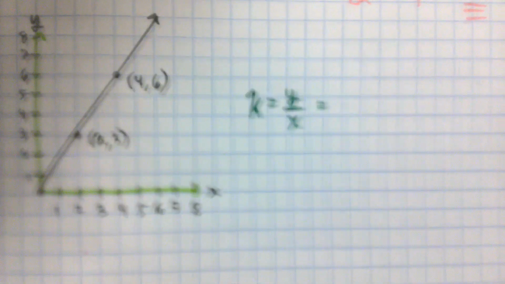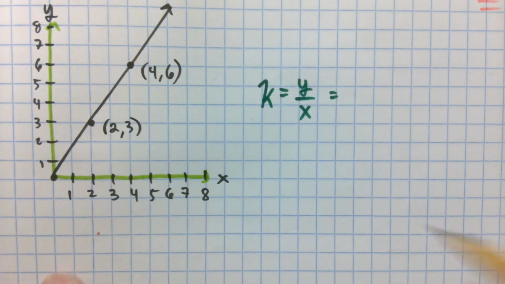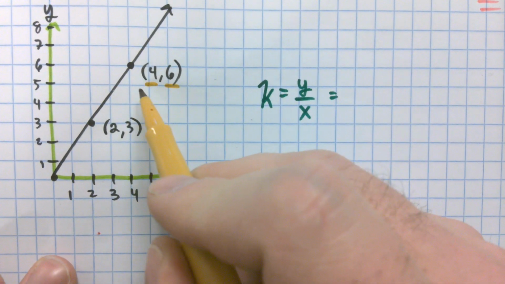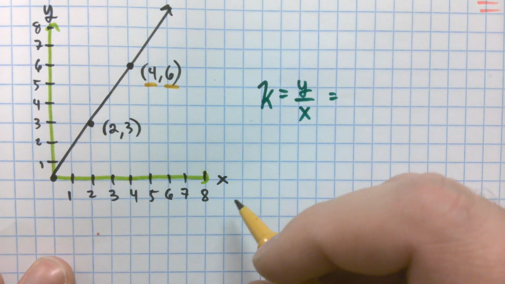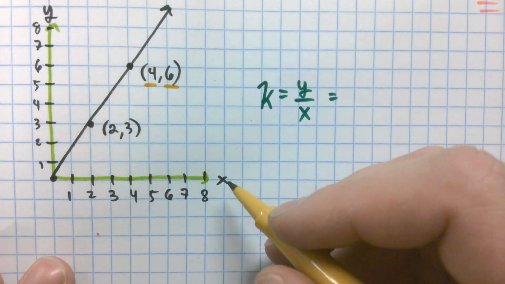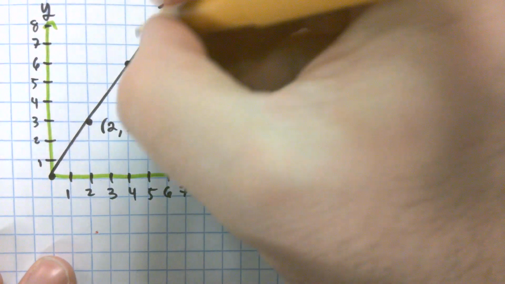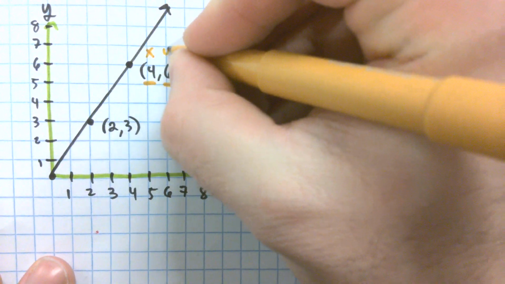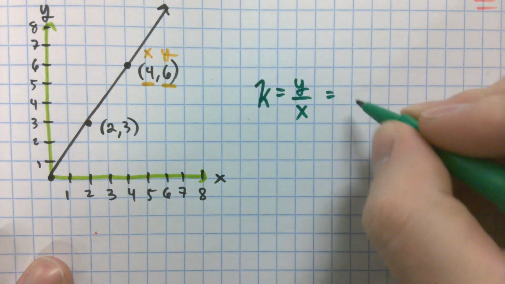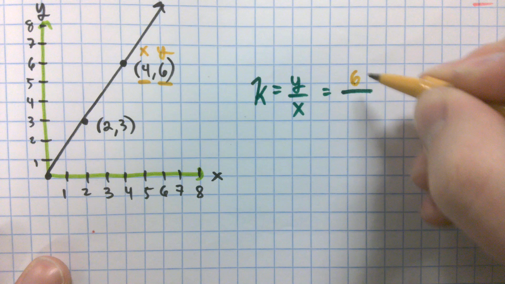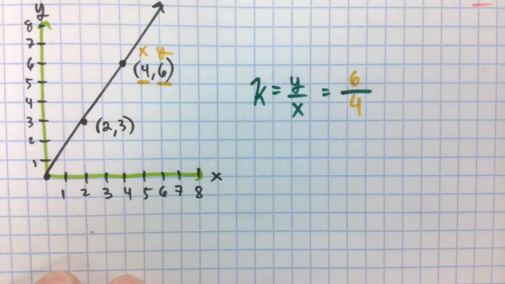Let me zoom in. All right, 4, 6. Which of those numbers is my x coordinate, 4 or 6? Oh, no, 6. X coordinate. Oh, 4. X comes before y just like in the alphabet. There's my x coordinate and my y coordinate. So k is going to be equal to 6 over 4.